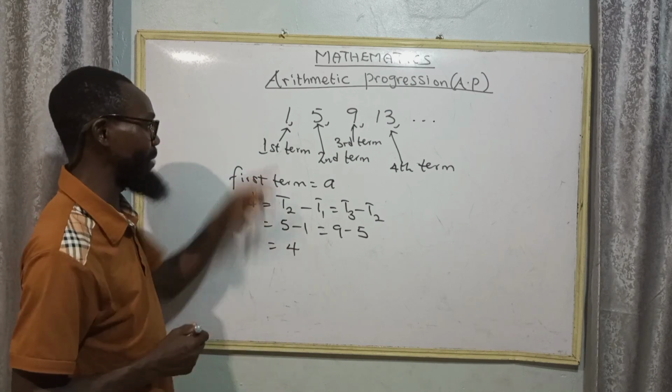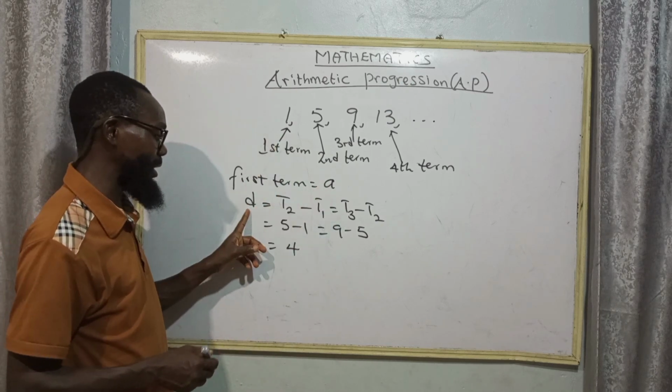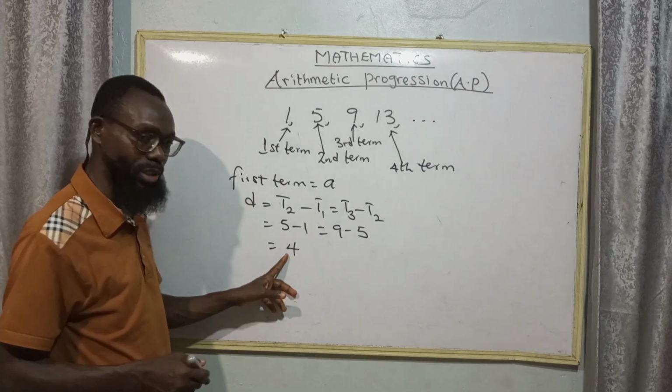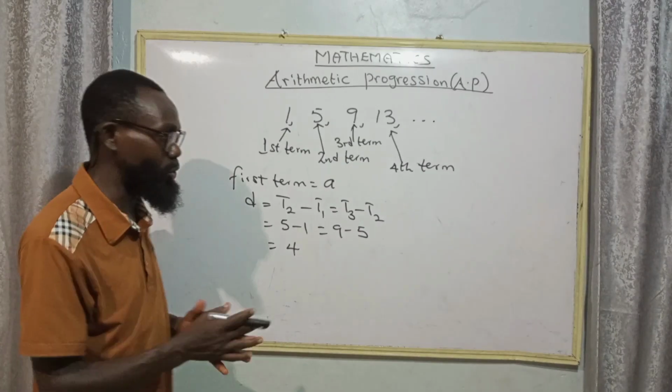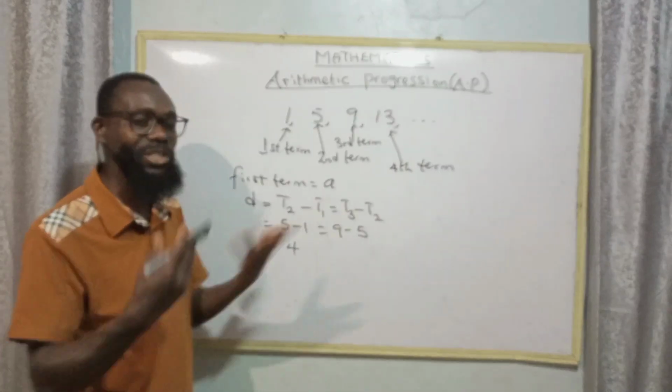Now, our first term is denoted as A. Our common difference is denoted as D, which is 4. Now, when we know this, we can get other terms.